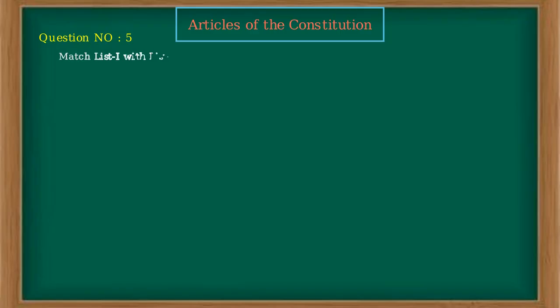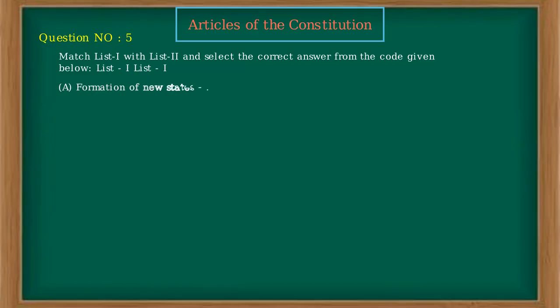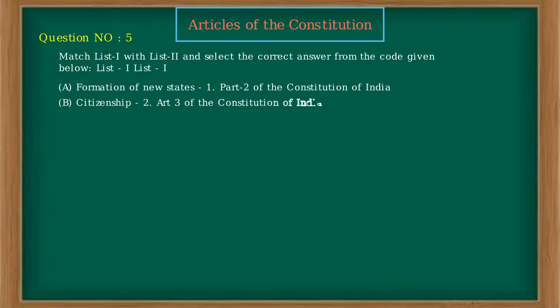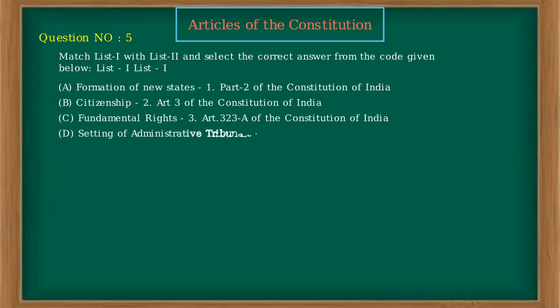Match list 1 with list 2 and select the correct answer from the code given below. List 1: A. Formation of new states, B. Citizenship, C. Fundamental Rights, D. Setting of Administrative Tribunals. List 2: 1. Part 2 of the Constitution of India, 2. Art 3 of the Constitution of India, 3. Art 323A of the Constitution of India, 4.